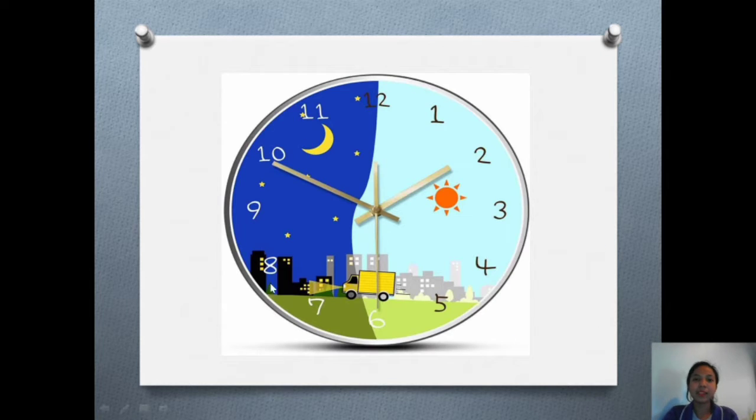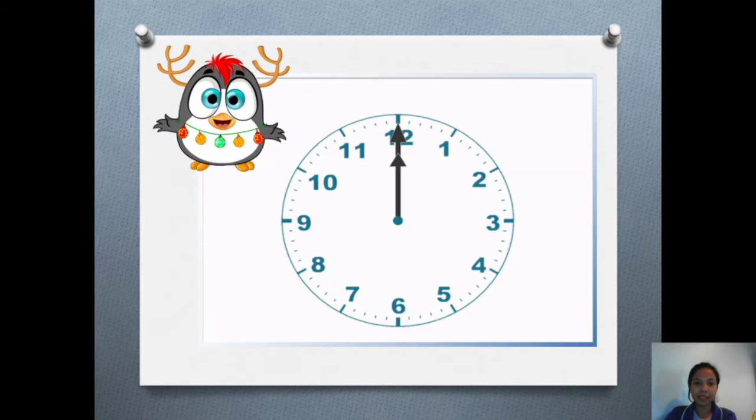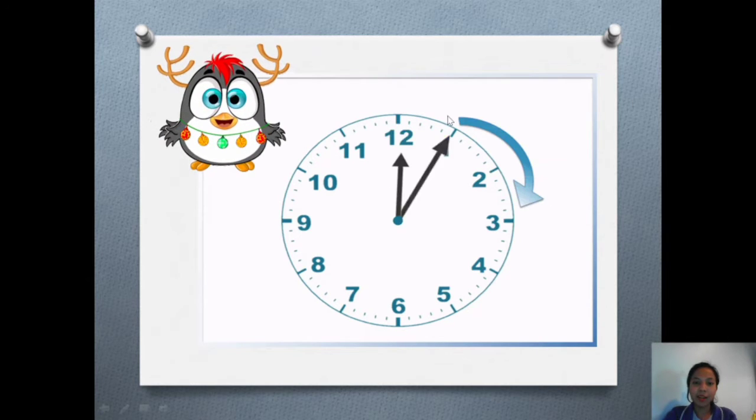So next, I have here a clock presentation. As you can see here, it divides into two parts. This part is the daytime, and this part is the nighttime. Let's discuss this further. Let's have this part of the clock.